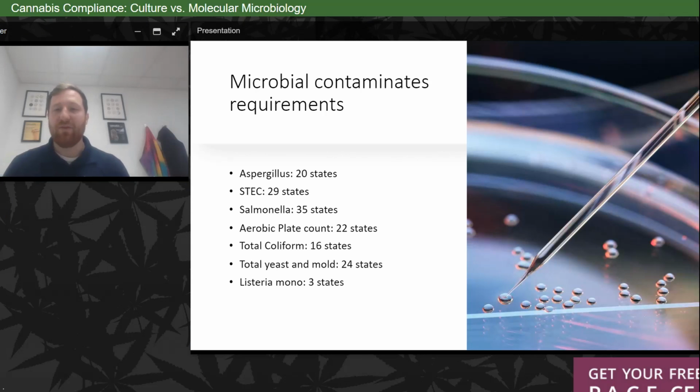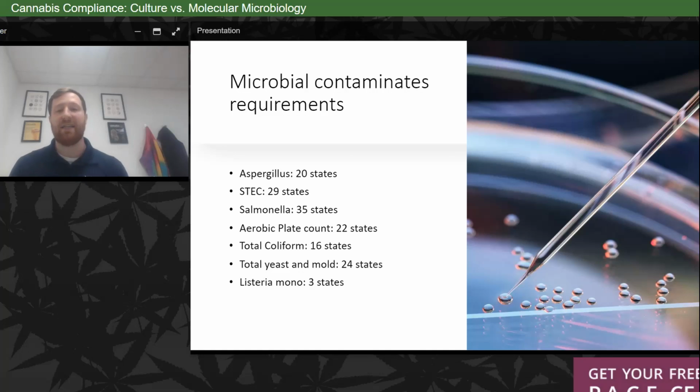Microbial contaminants differ from state to state. As stated, due to the federal illegality of cannabis, each state offers a different kind of compliance package. Currently 20 states test for Aspergillus, 29 states test for STEC, which stands for Shiga toxin-producing E. coli, and 35 states for Salmonella.